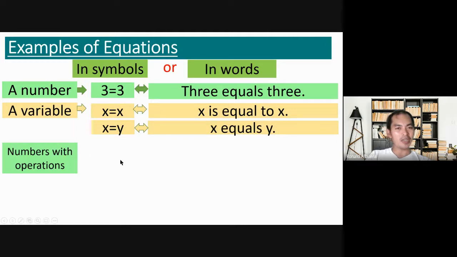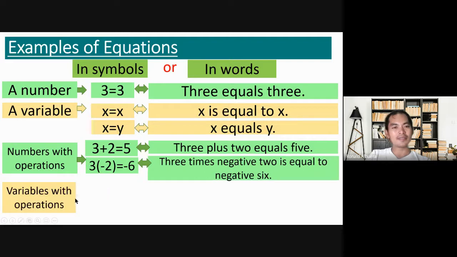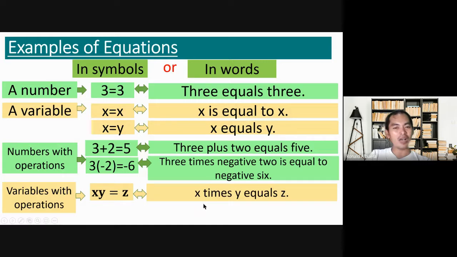Numbers with operations, we have 3 plus 2 equals 5. 3 times negative 2 equals negative 6. Or variables with operations like xy equals z. Or we can read it as x times y equals z.